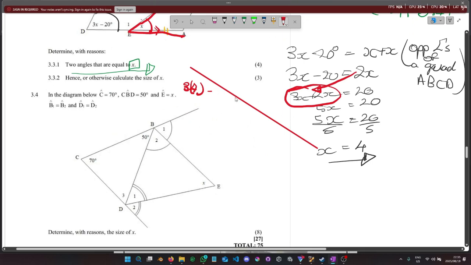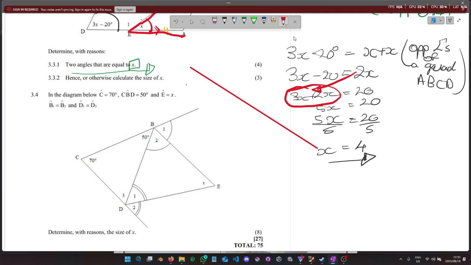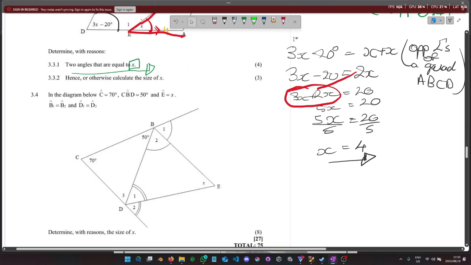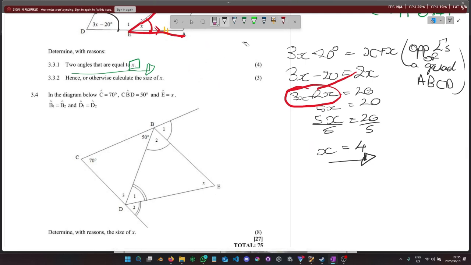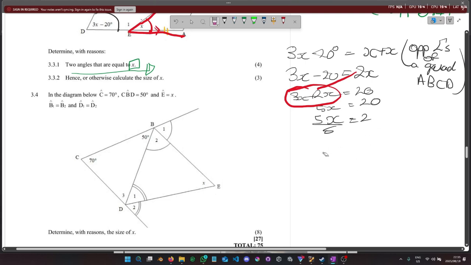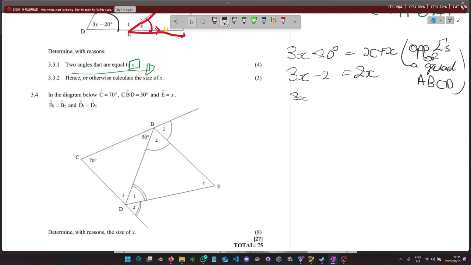So let's try this again. Let's get rid of this, right? Let's be careful this time. This is minus 2x is equal to minus 40, therefore x is equal to 20 degrees.